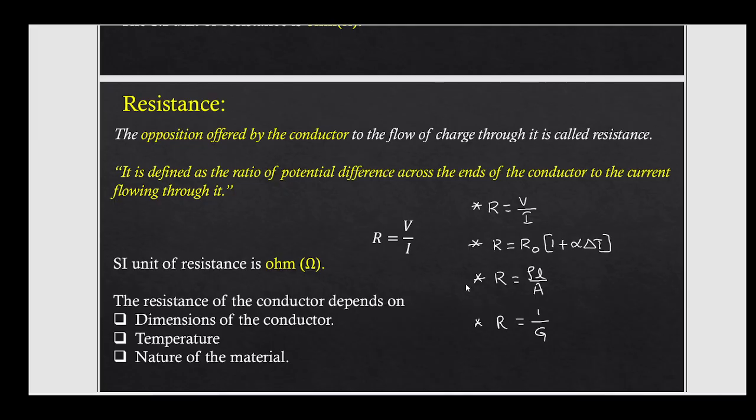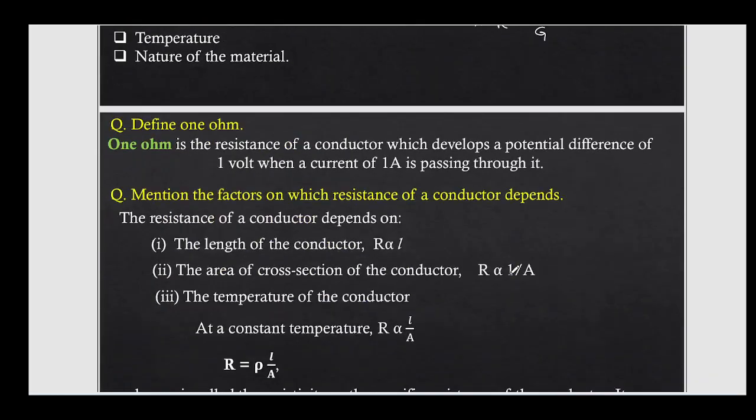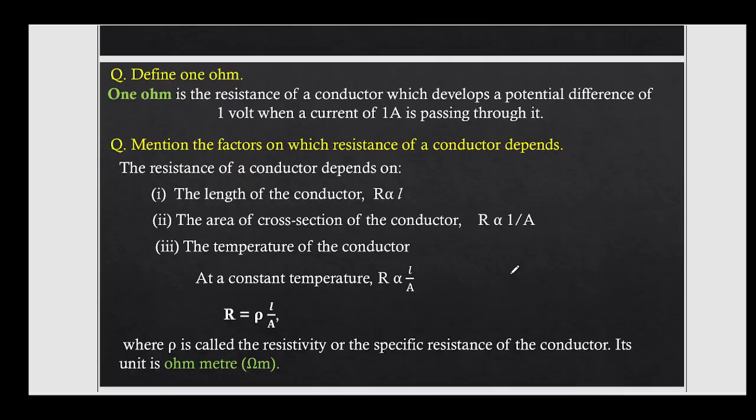Like this, we have different formulae for resistance. Next, how does the resistance vary with the length and area of cross section? That is given by R is equal to rho L by A, where rho is called the resistivity.